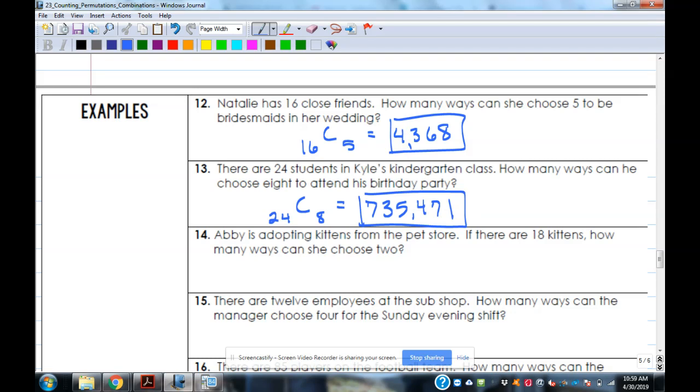So you'll have to type in your first number, then go get your nCr, and type in the second.